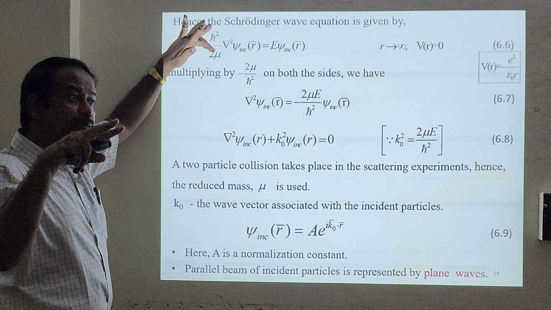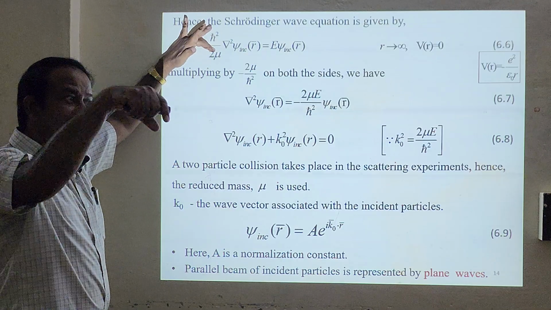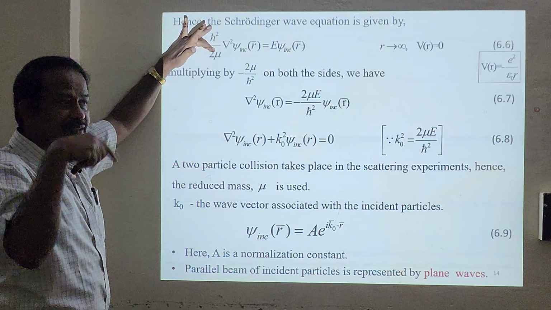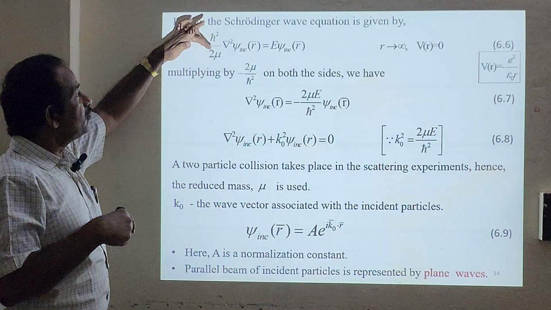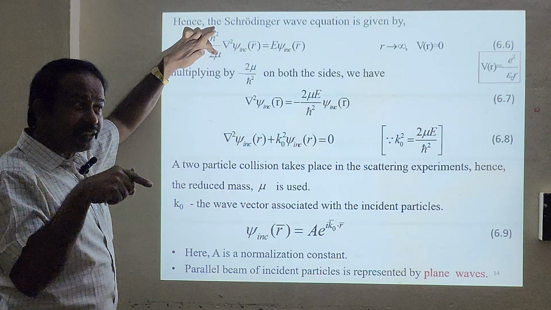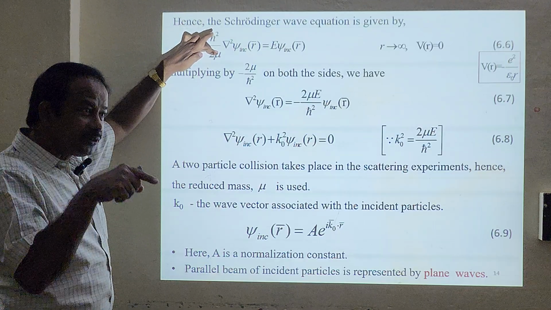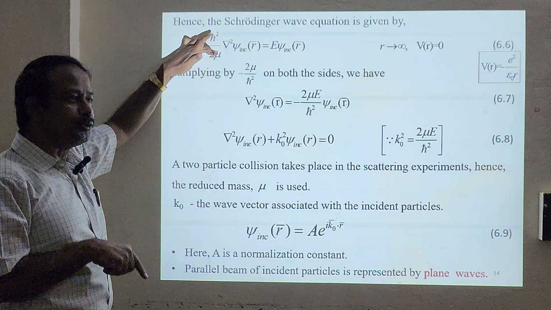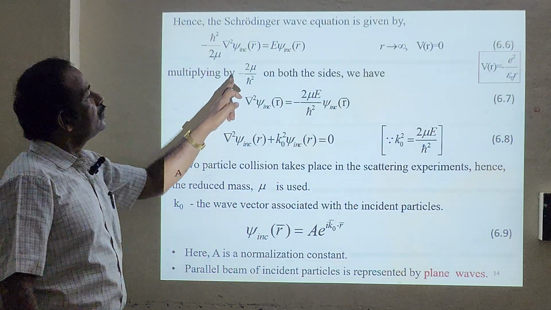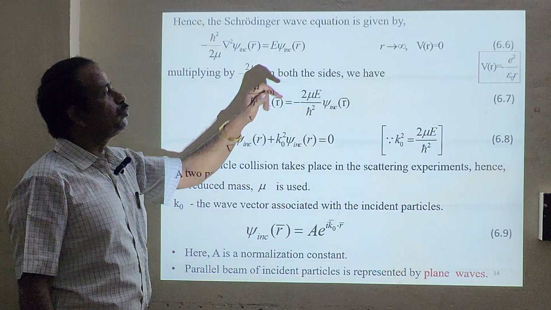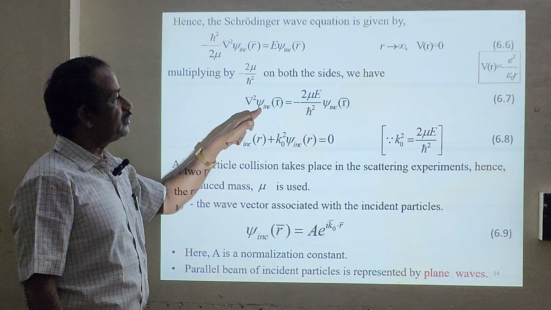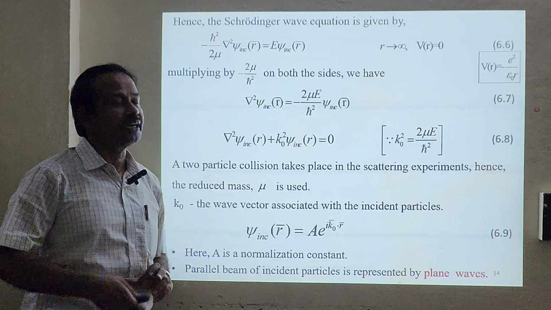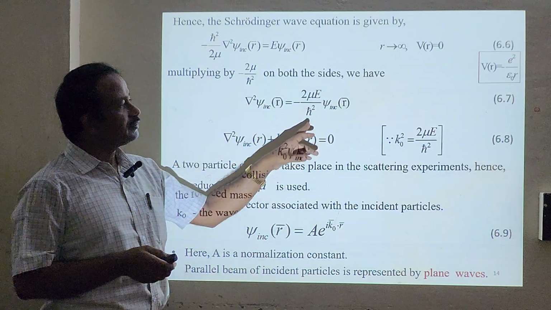There will be two particles, the incident particles and the target particles, so a two particle system. If we want to convert into a one body problem, we have to replace m by mu. So multiplying by minus 2 mu by h bar squared on both sides, we have del squared psi incident of r equal to minus 2 mu by h bar squared psi incident of r.